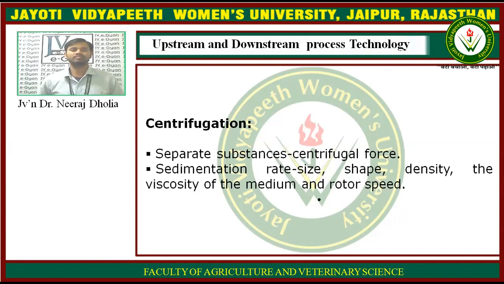In the centrifuge, the particles are separated on the basis of the sedimentation rate. The sedimentation rate is the rate at which they are separated, and it depends on the size, shape, and density of the particles, the density and velocity of the medium, and the rotor speed.